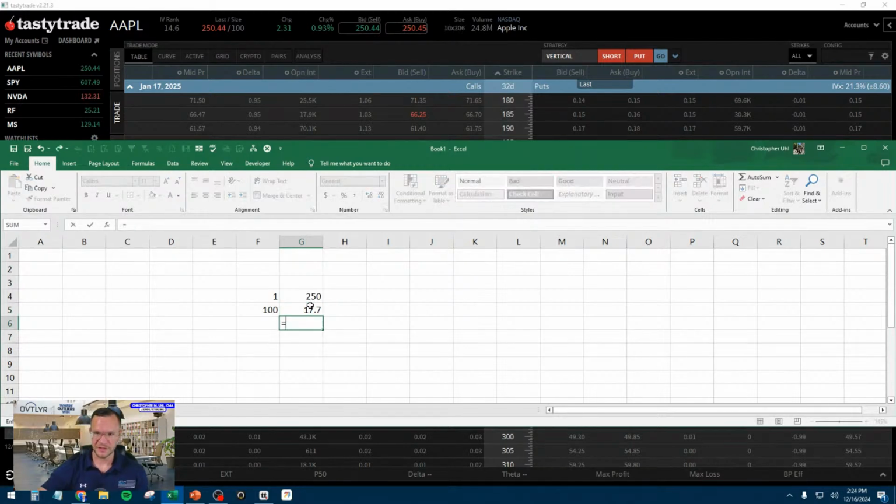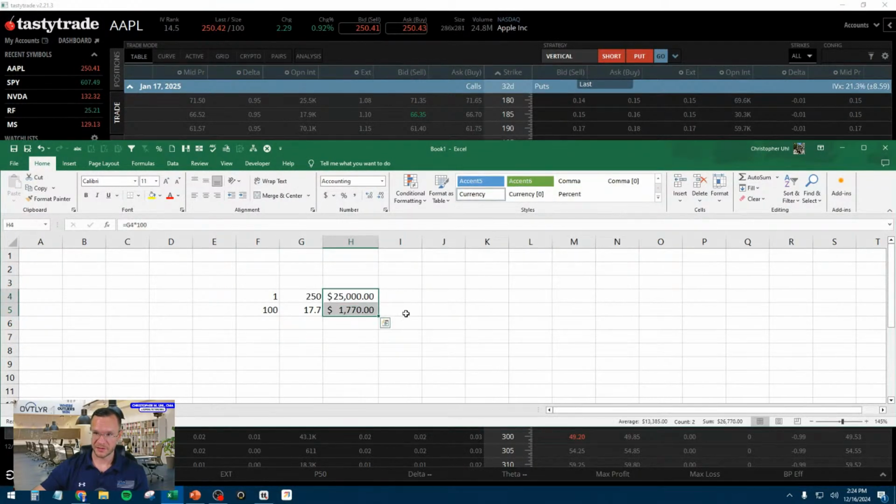So it's this times 100. Right. So it cost me $1,770 to get into 100 shares, whereas this would cost me $25,000. So it's even less in this case. Right. So imagine that these are real dollars here.